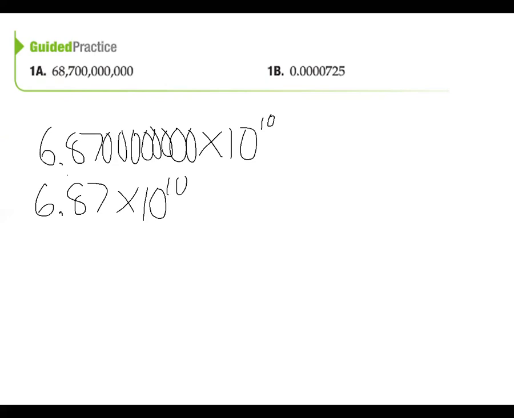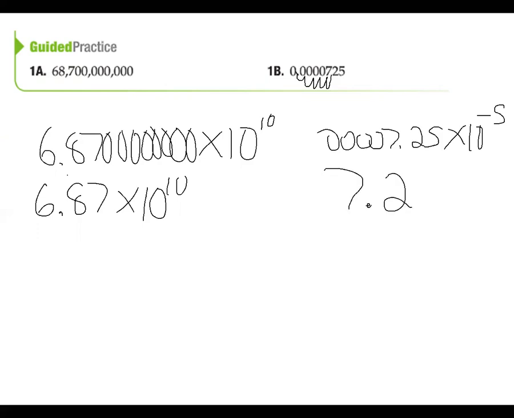This one, you'd have to move 1, 2, 3, 4, 5 places to the right. So it's going to be 0.725 times 10 to the negative 5th power. Remove my unnecessary zeros, 7.25 times 10 to the negative 5th power.